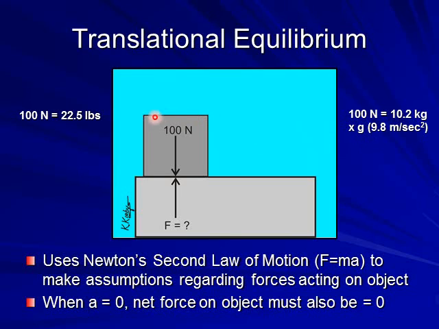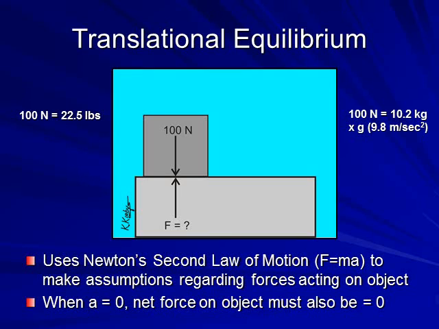So, when we have this 100 Newton box pushing down on the top of the platform, we also must have a force pushing upward from the platform on the bottom of the box. So, do we have enough information here to calculate what the force from the platform is pushing on the bottom of the box?